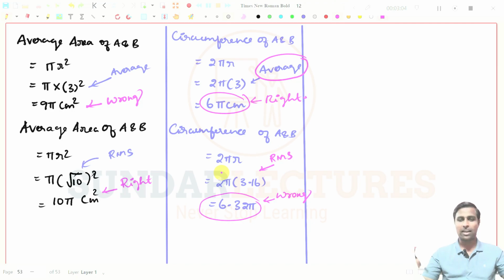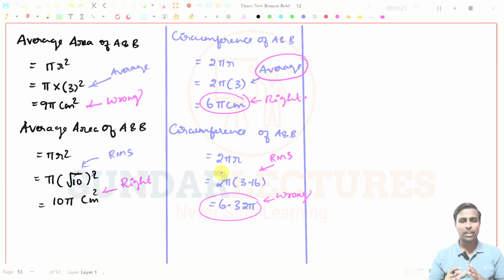Finally I will tell, and I will wind up this lecture. If you are having a parameter whose unit is centimeter, and the parameter you need to find is a centimeter square, then you need to take the root mean square value.